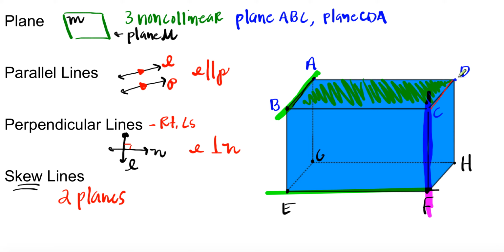CF is skew with this line back here, AD. They'll just never intersect because even though they're going opposite directions, they're in two separate planes. So those are skew lines. So this was just a brief review of some very basic elements of geometry along with their symbols.